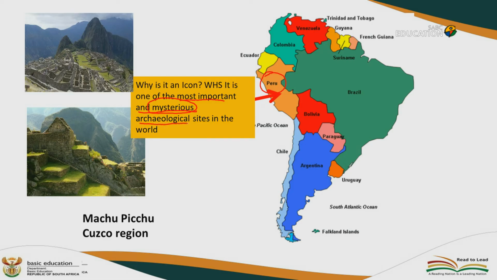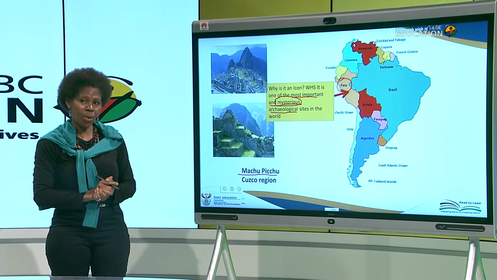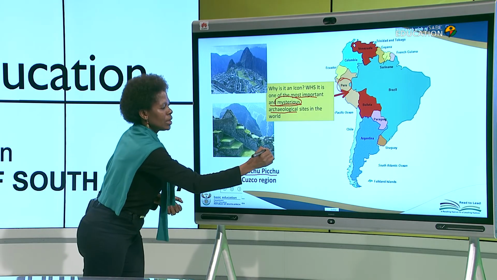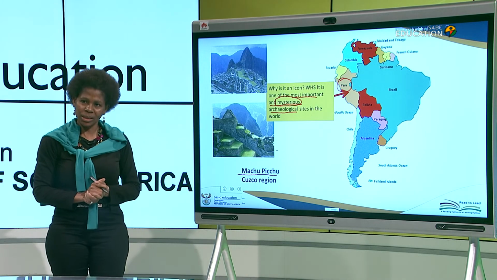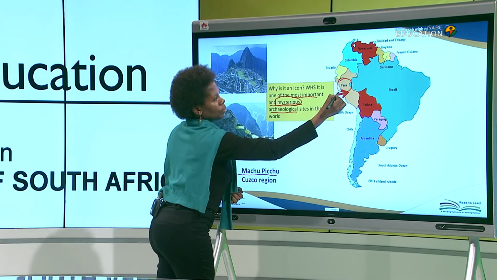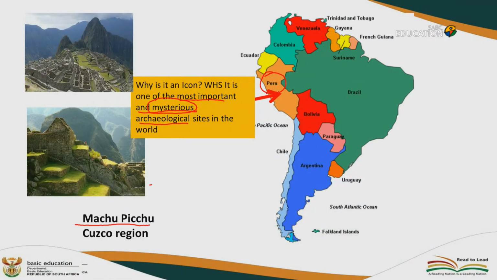Check archaeological sites. Those who are interested in digging into what is inside this. At the end, they are able to know Machu Picchu. It is our World Heritage Site. Also, it is related again to a certain race. Check Peru. It is where it is situated.